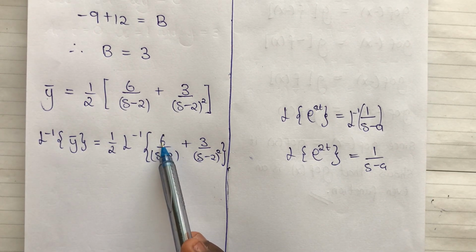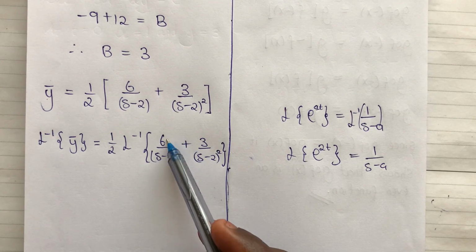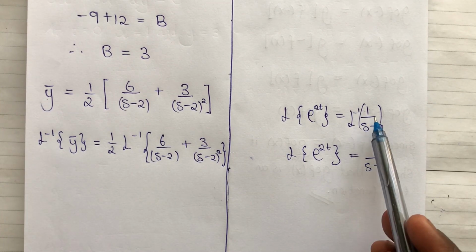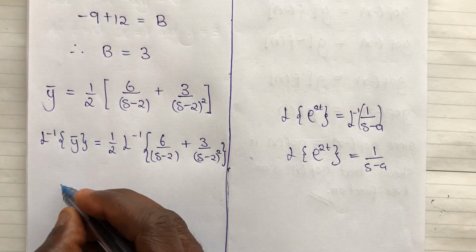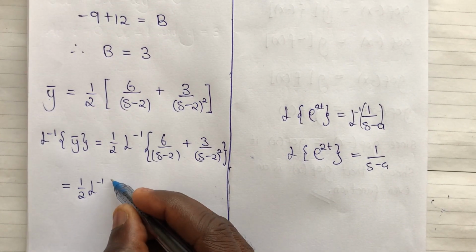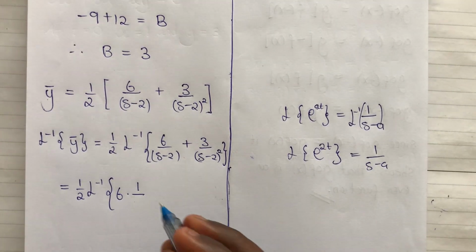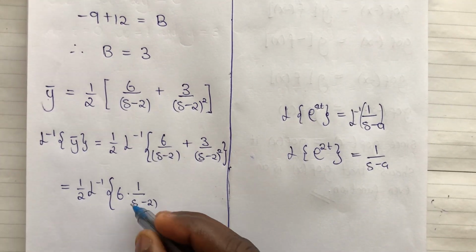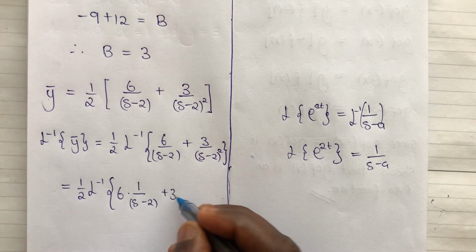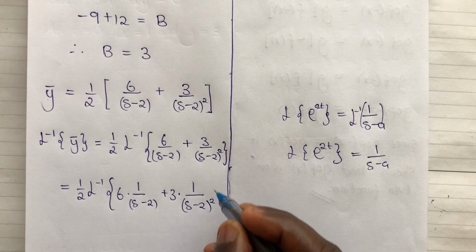We have 6 here, so we can factorize it out, and we can factorize this 3 out to have 1 at the numerator so that you don't get confused. So you can rewrite this as 1 over 2, the Laplace inverse of 6 times 1 over s minus 2 plus 3 times 1 over s minus 2 all squared.